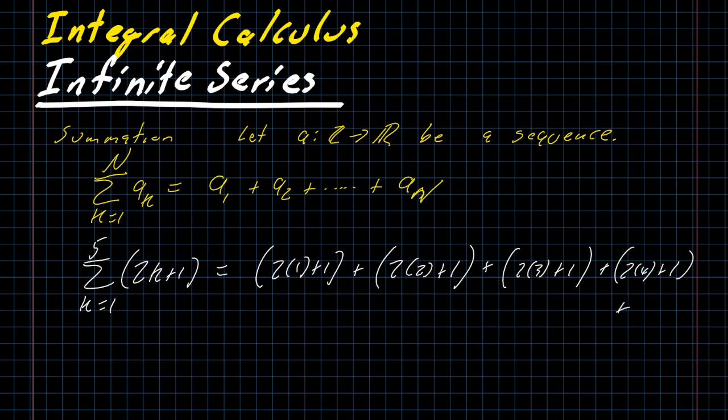I'm running out of space over here, but we'll also have 2 times 5 plus 1. Right? So that's 3 plus 5 plus 7 plus 9 plus 11. And when you add all of those together, you should get 35. Yeah, 35.